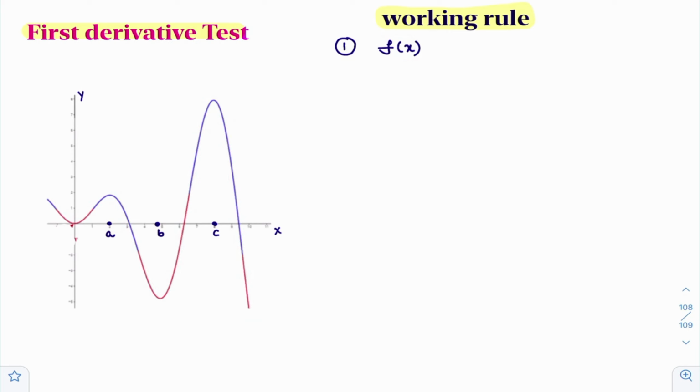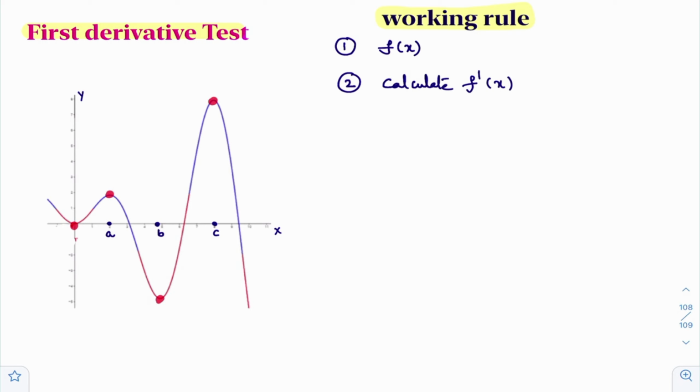After considering f of x, you calculate f dash of x. You know how to calculate the derivative of a function from differentiation. After calculating f dash of x, we learned about critical points. At these points, the function attains either a maximum value or a minimum value.